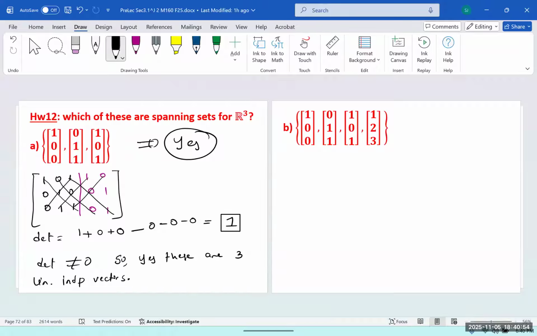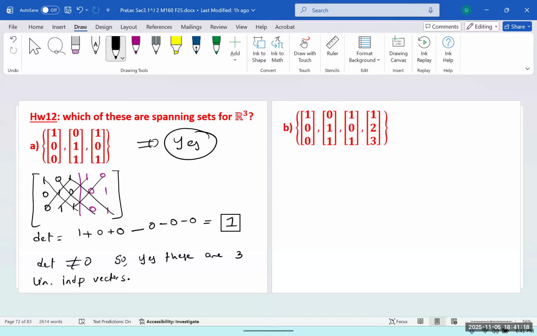We're still in R3, but we have 4 vectors. So can 4 vectors be independent in R3 space? No. One of them is definitely linearly dependent. It doesn't matter which one is dependent.